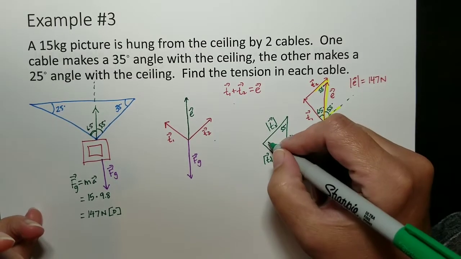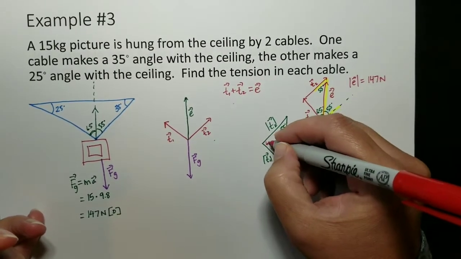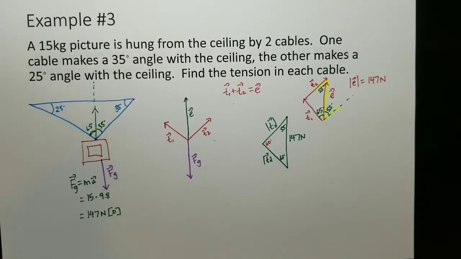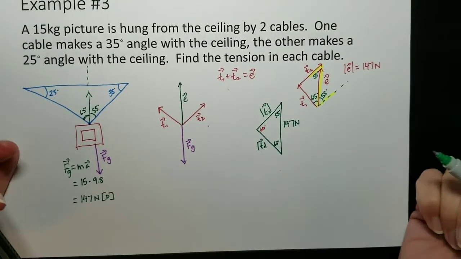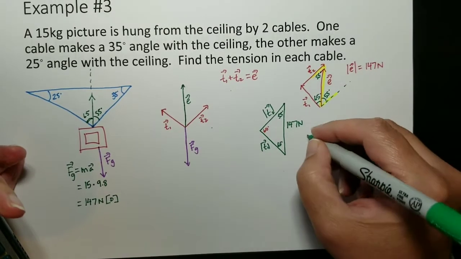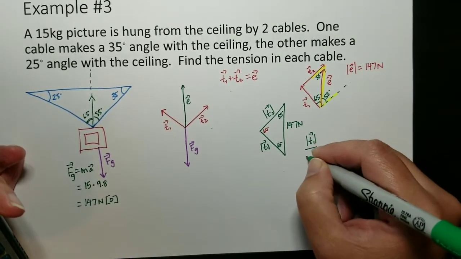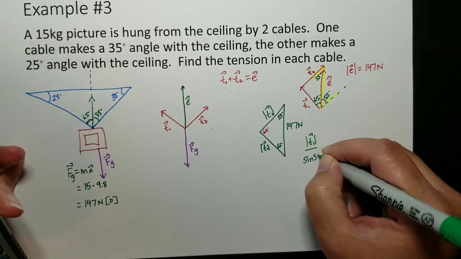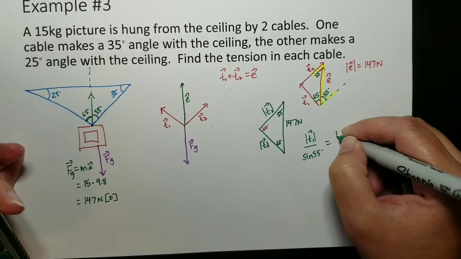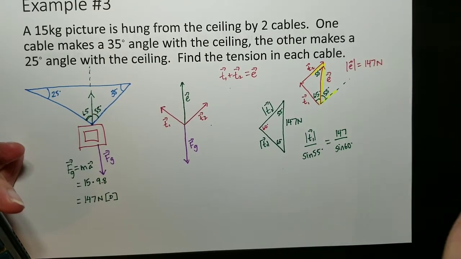Sorry, not the biggest angle. This is a 60-degree angle when we subtract from 180. So we've got sine law. We can find the magnitude of T1 over sine 55 is 147 over sine 60.